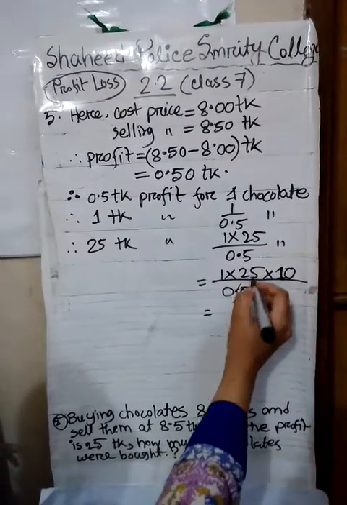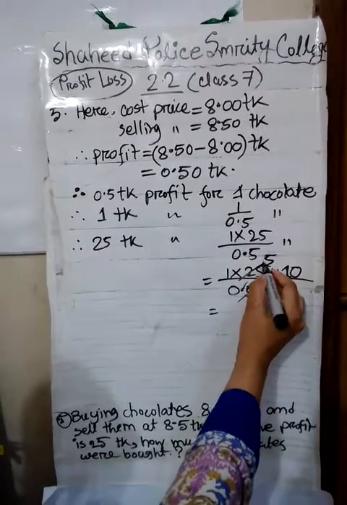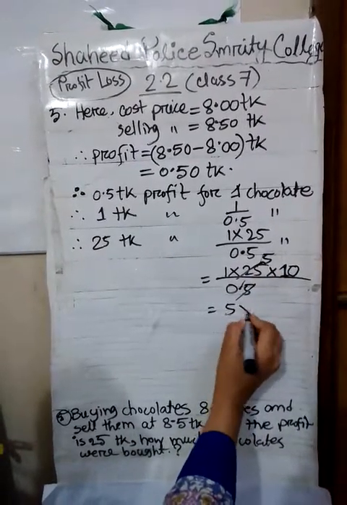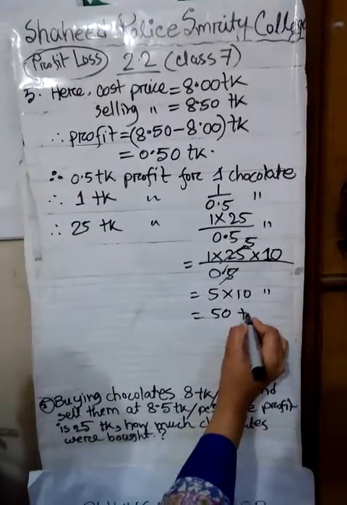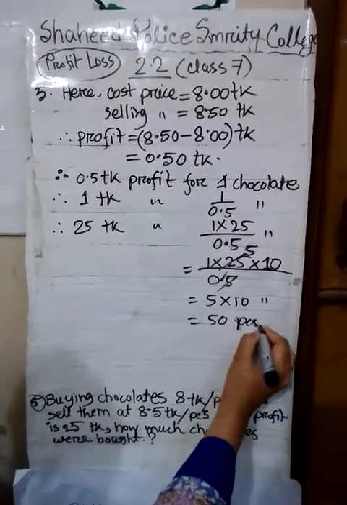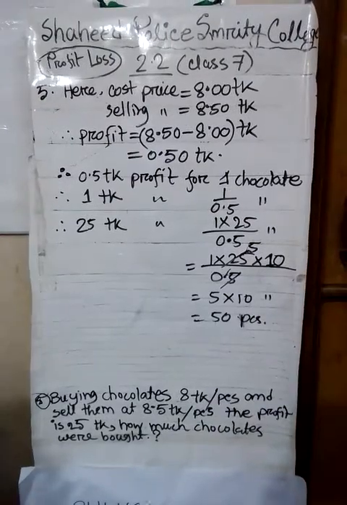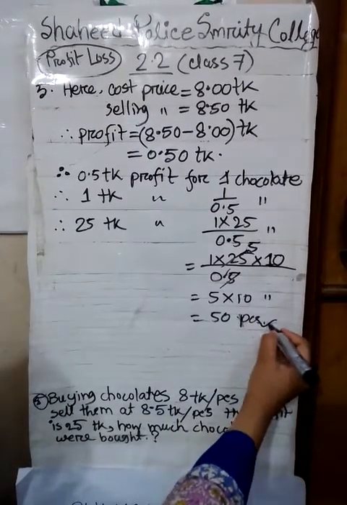Now 5 into 10 is 50, that means 50 pieces of chocolate were bought, and that's the answer.